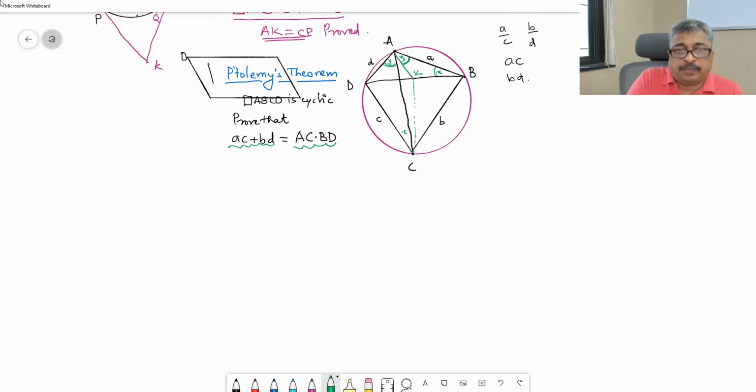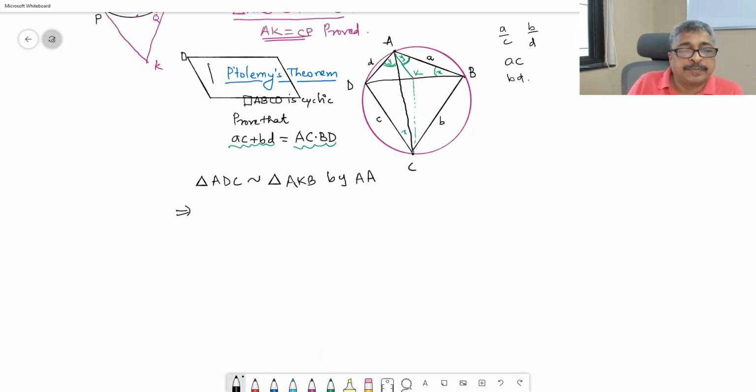Triangle ADC is similar to triangle AKB by AA.